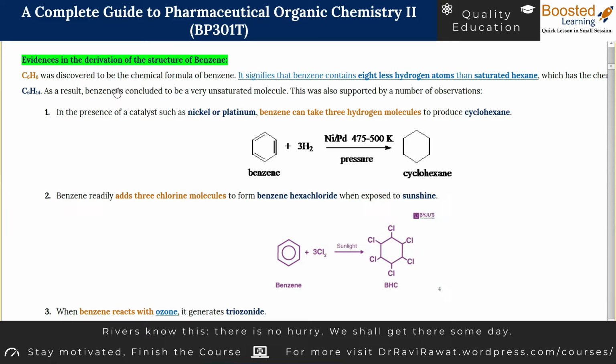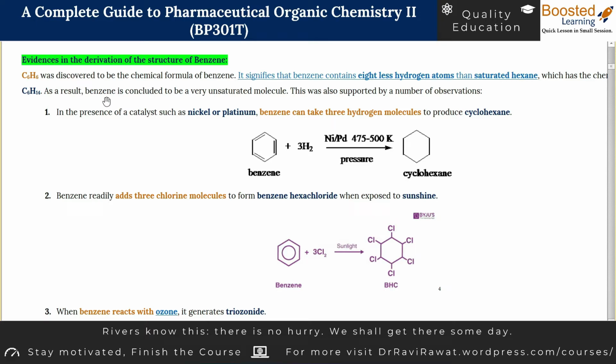And the schemes that we are going to discuss in this session are going to work like the evidences. Like some crime happens, you try to find the evidence of anything that you want to prove. In the same sense, the structure of benzene was proved through the evidences that were collected over time.